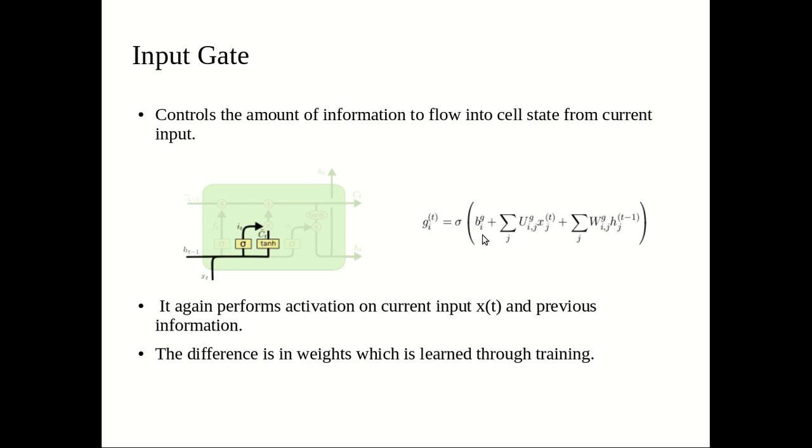So there is a separate bias for each of the gates, and the weights are also separate for each of the gates, and the activation is further performed just like the forget gate over this transformation.